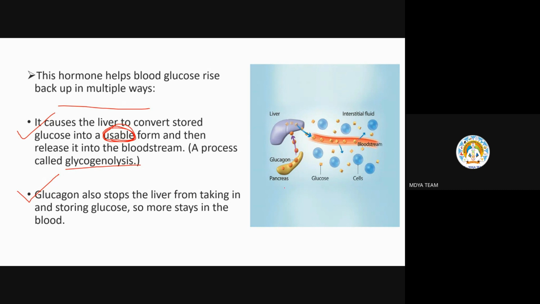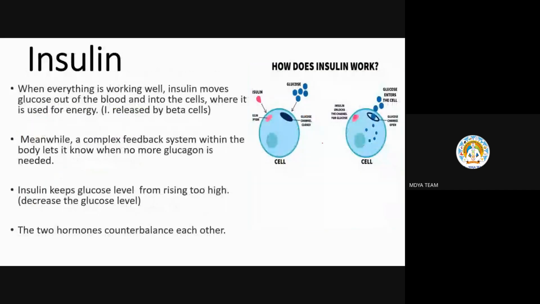When our body requires glucose, glucagon will stop that glucose from going inside the liver in the stored form. So the same thing is happening again and again. The final result is more glucose in our body, which is required at that time. Hopefully it is very clear to all.